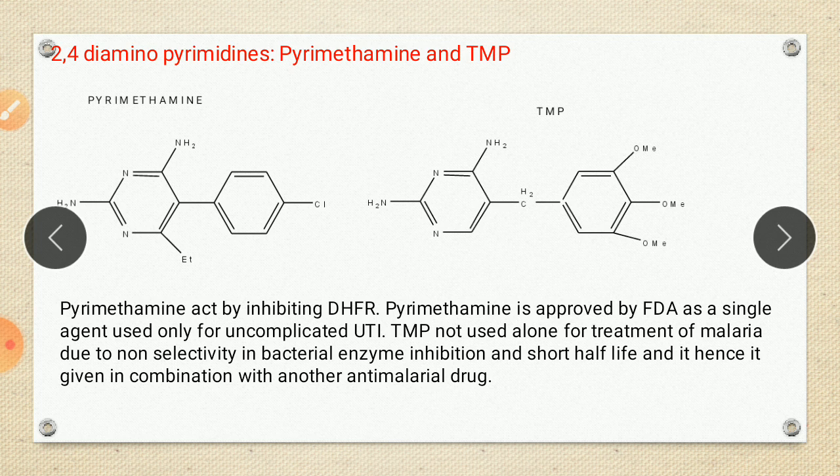But due to non-selective bacterial enzyme inhibition and short half-life, trimethoprim is never used alone in treatment of malaria. It is usually used in combination with other anti-malarial drugs. So the mechanism of action is the same, that is inhibition of DHFR. These drugs are used in combination to get a synergistic effect.